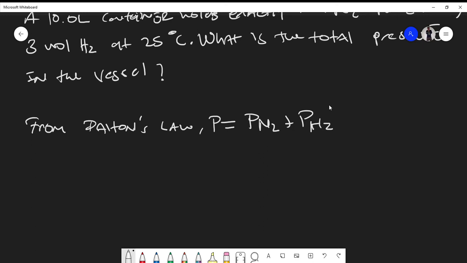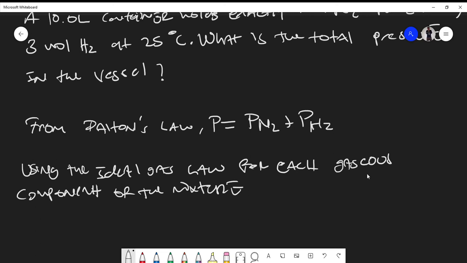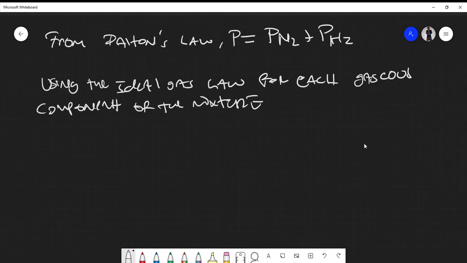Now, if we use the ideal gas law for each gaseous component of the mixture, we could actually split it up, right?